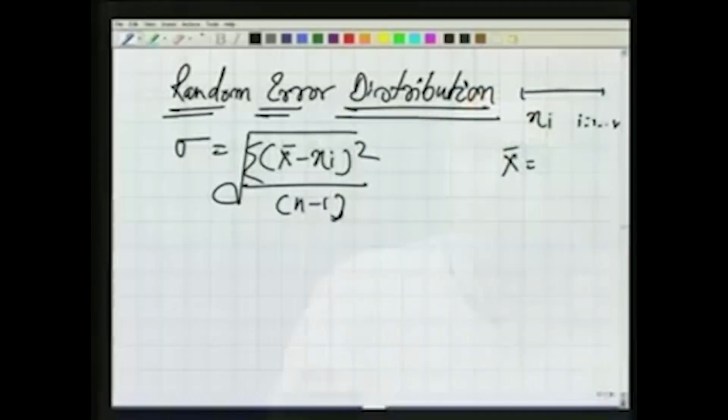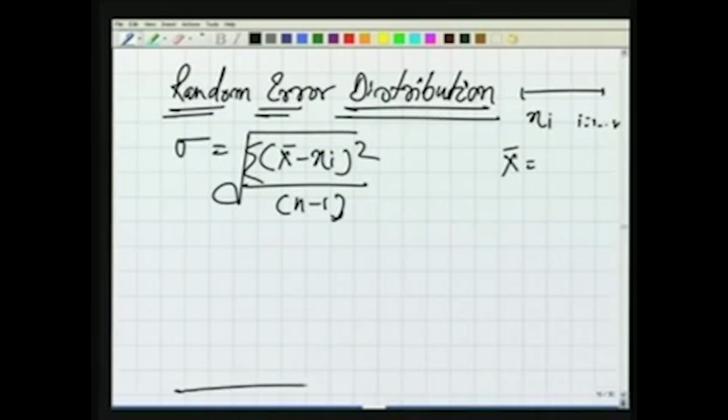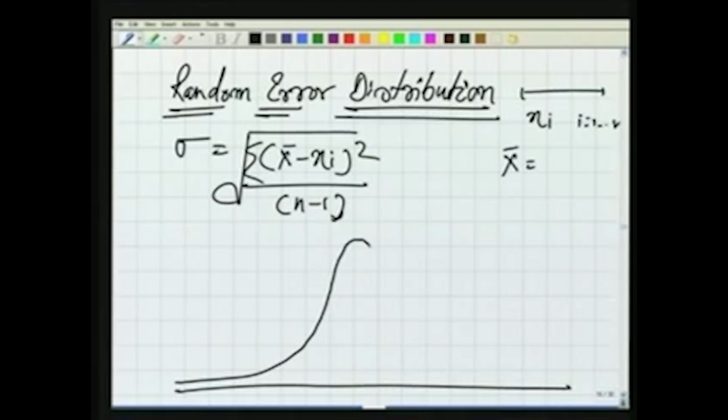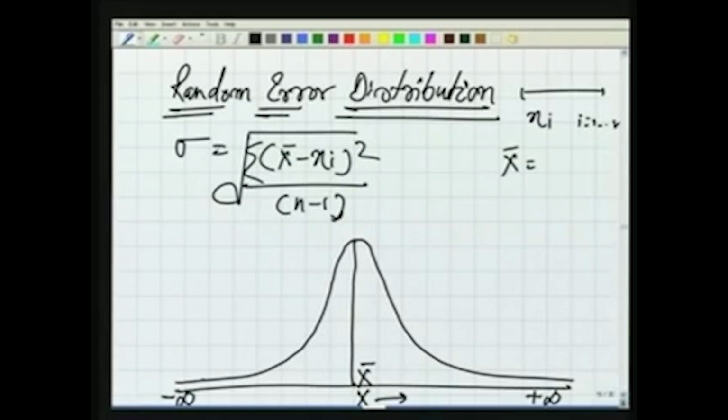Well, the random errors, the way we are talking about them, are actually distributed in a particular way. Here it is our variable x, and this particular value is x bar here, while here it goes from positive infinity to minus infinity.